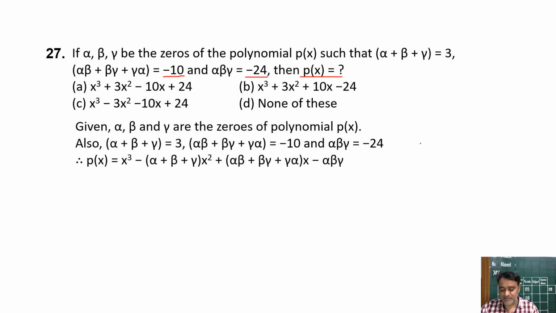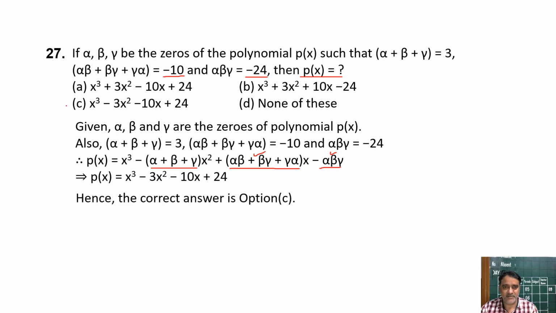This is the formula: x cube minus (alpha plus beta plus gamma) x square plus (alpha beta plus beta gamma plus gamma alpha) x minus alpha beta gamma. We just have to substitute in this formula. So ये 3 है और ये minus 10 है और ये minus 24 है. So we are getting this polynomial. So which option is the correct one? Option C. Very good.